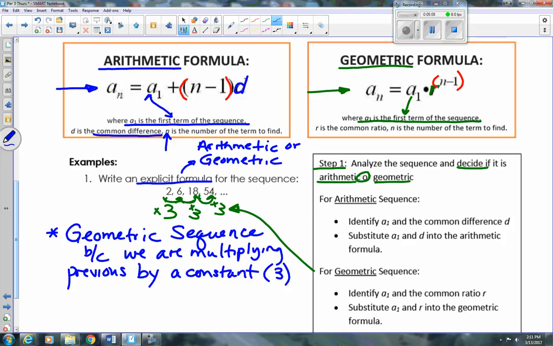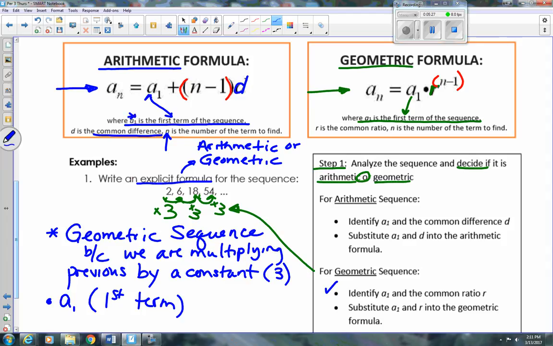So I know I have a geometric sequence. In order to write the formula, I need to identify a1, which is my first term of the sequence as we set up here.